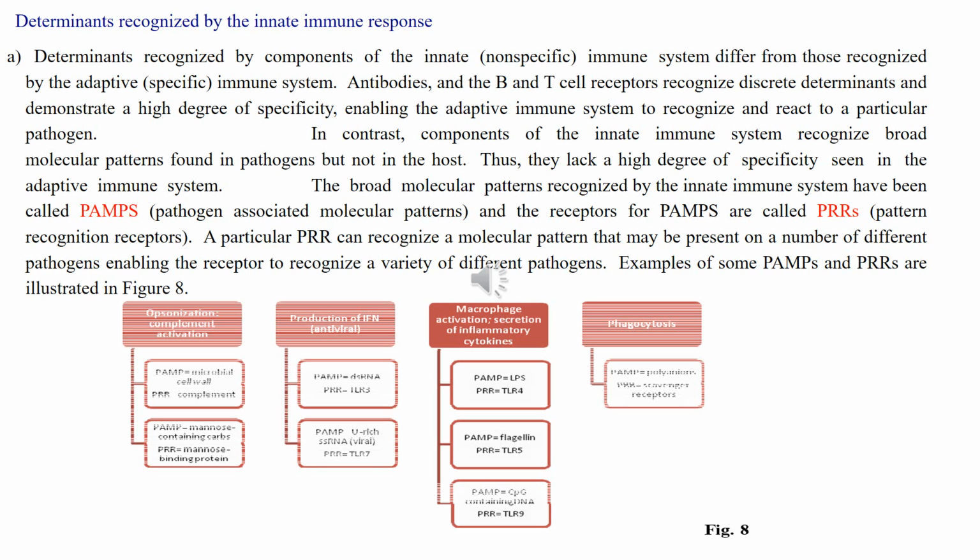A particular PRR can recognize a molecular pattern that may be present in a number of different pathogens, enabling the receptor to recognize a variety of different pathogens. Examples of some PAMPs and PRRs are illustrated in the figures below.